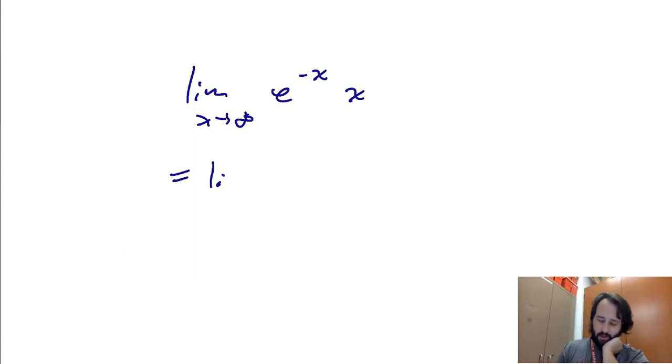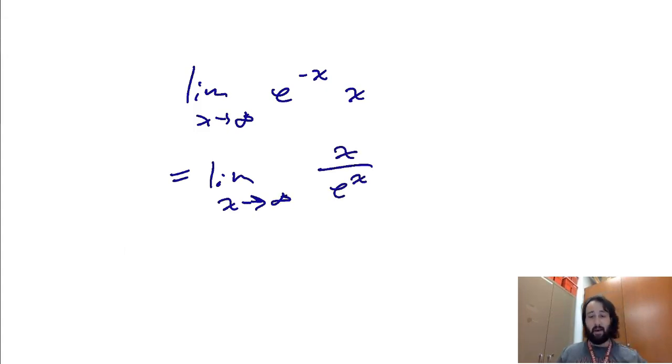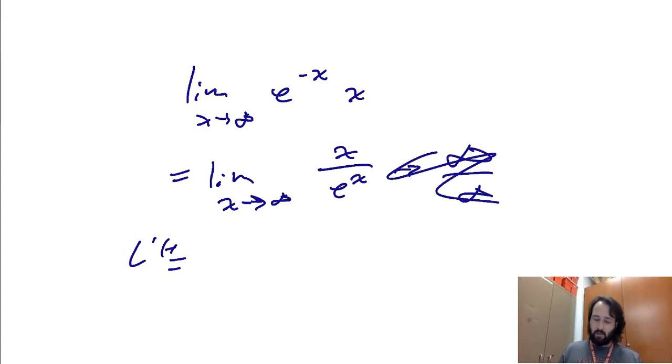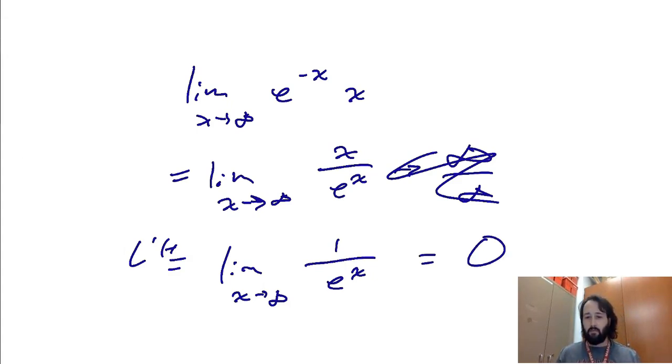However, I can rewrite this such that now it's infinity over infinity, and now I can use L'Hopital's. So if I put in infinity, this will be infinity over infinity, which is indeterminate. So that's no bueno. And now if I use L'Hopital's, I can approach infinity and make it 1 over e to the x, which I know will go to 0 when I put in infinity. So know that that is a possibility.